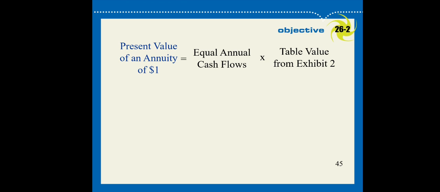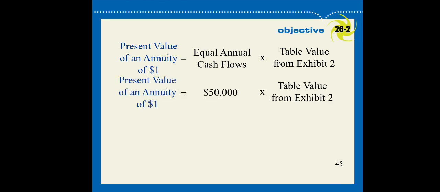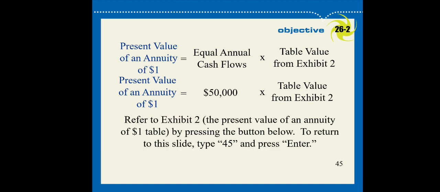For this situation, you have to refer to present value annuity table. So equal annual cash flow is 50,000, and then you have to refer to the table of present value annuity.